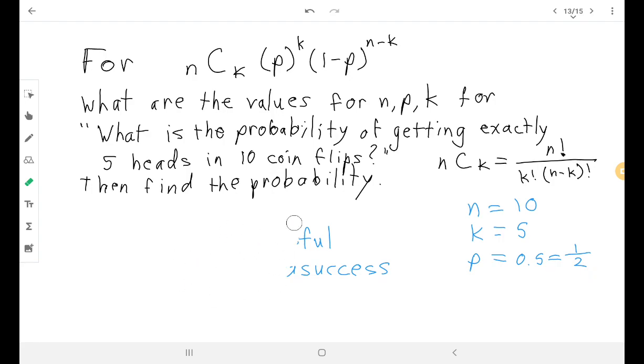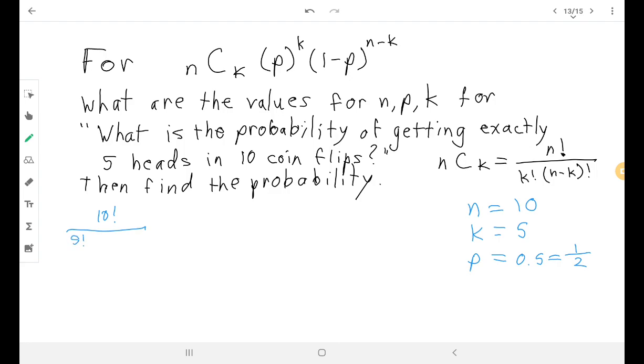All right, so I'm erasing these definitions of the letters, and we'll just have what they stand for there, and let's calculate the actual probability. So I need that N choose K part. So the N is 10 factorial, and I'll talk about what that means in a second.